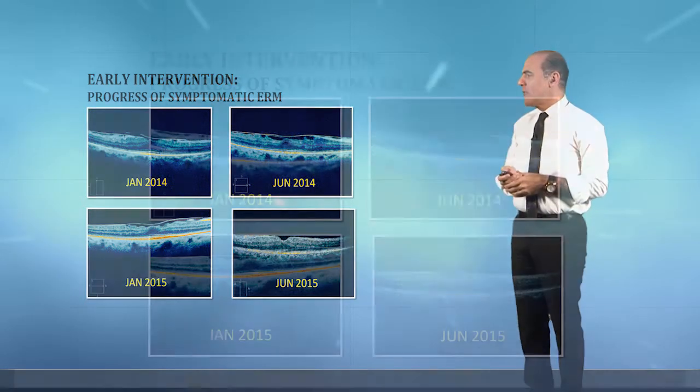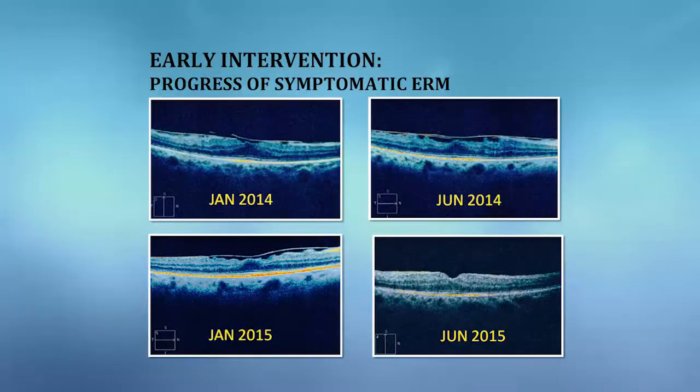That's in January 2014. In June 2014, the membrane becomes more evident and more continuous, with some focal attachment to the retina and a little traction over it. In January 2015, it has become attached to the central fovea, elevating the fovea more and more. Here I intervened.